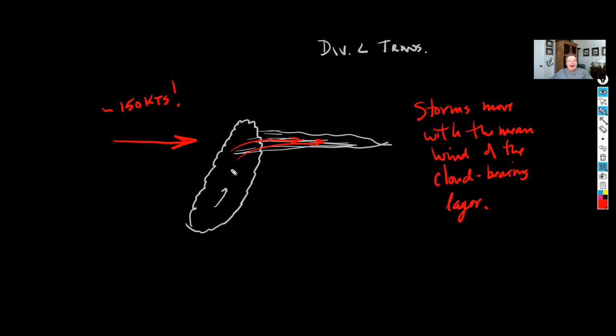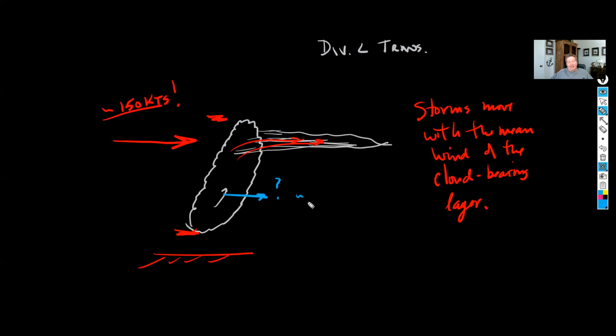In other words, how this storm actually moves depends on how strong the average winds are from basically here to here. You could make an argument that it's really from the ground, but basically through this part of the atmosphere, what's the average winds? Well, if the winds up the anvil were 150 knots, how fast do you think these storms were moving?